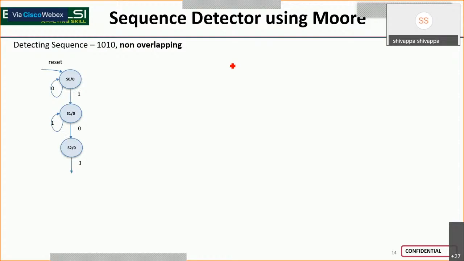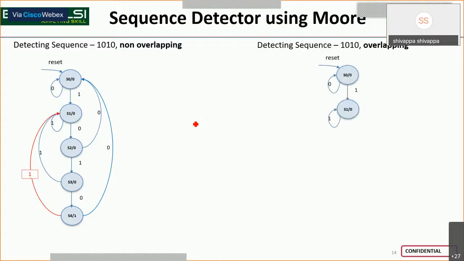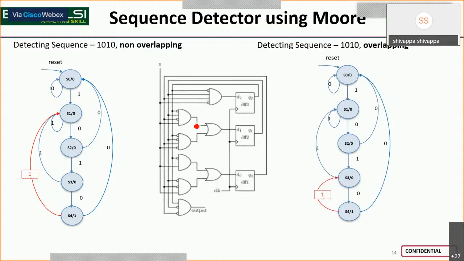And similarly, if you want to do the Moore state machine, see this 1 0 1 0, with one extra state, and it goes to S1 here. 0 means it goes here, 1 means it goes here, and then here it goes to S3 because of 1 0 1 0, right?